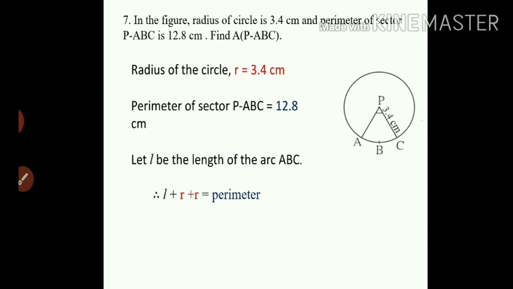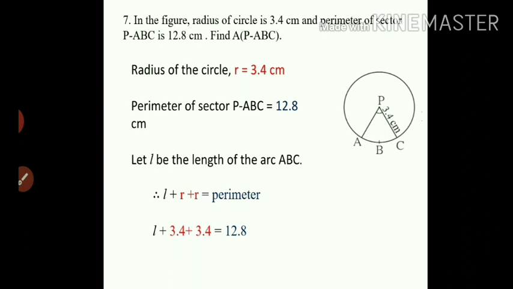Length of arc plus radius will be the perimeter, means PA plus PC plus length of arc ABC will be equal to the perimeter, 12.8. So length of arc plus 3.4 plus 3.4 will be 12.8.